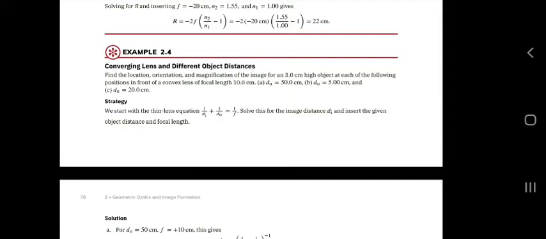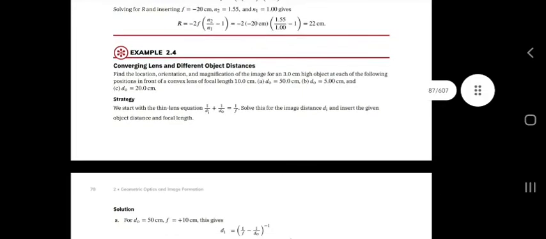In A, the object distance is equal to 50 cm. In B, the object distance is equal to 5 cm, and in letter C, the object distance is equal to 20 cm.